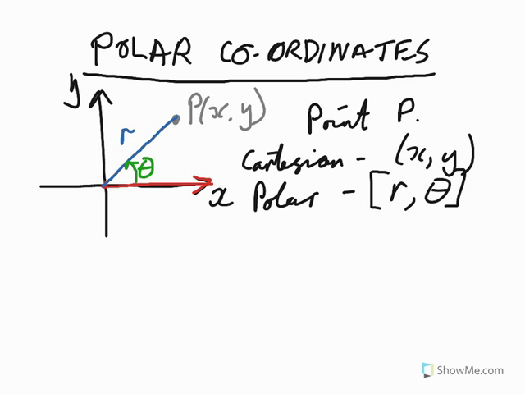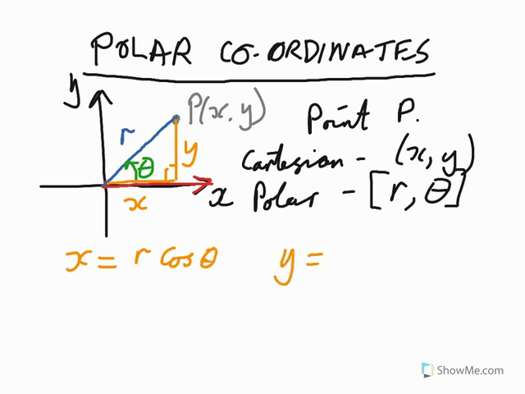Alright, so that's it as far as defining what they are, but of course, if I make a right angled triangle out of this, and this would be x and this would be y, then from this diagram we can write a few things. In terms of trigonometry, the x value would be r cos theta.